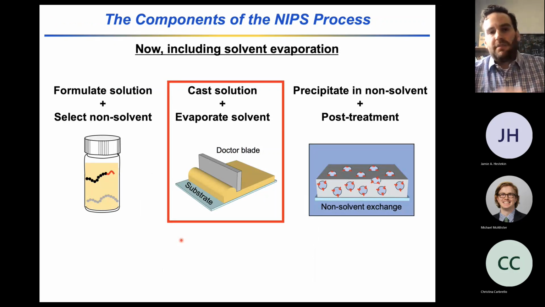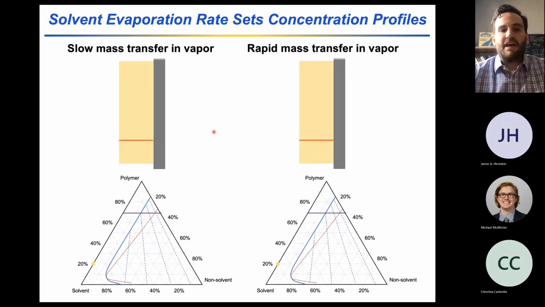And so we'll have a brief discussion of what happens when we now include an evaporation step. The way I just want to think about the evaporation step is in two limits: if I have slow mass transfer in the vapor phase, or if I have rapid mass transfer in the vapor phase. I've turned the polymer film vertical here, just so that the concentration of polymer in the casting solution can be represented by this orange line.